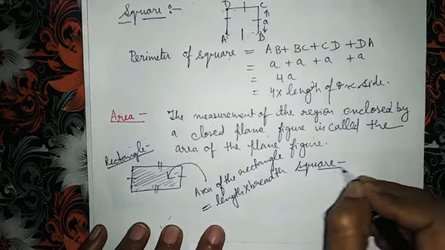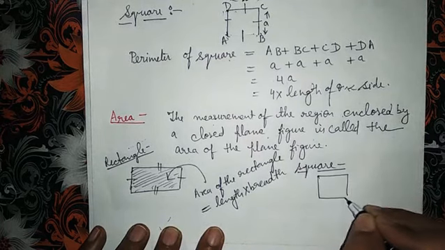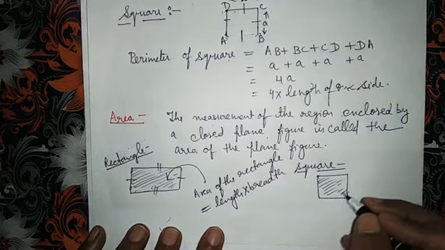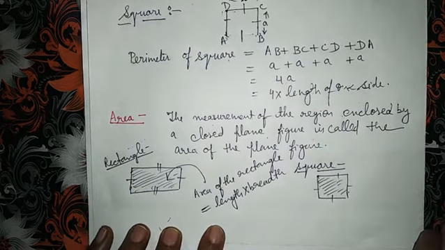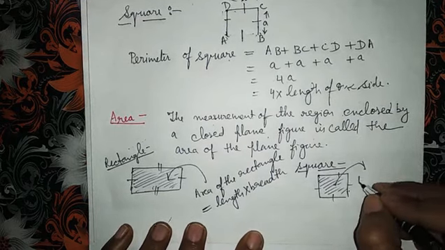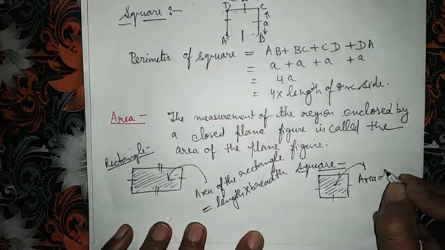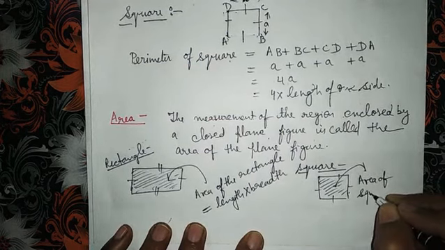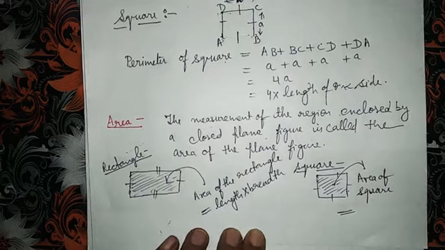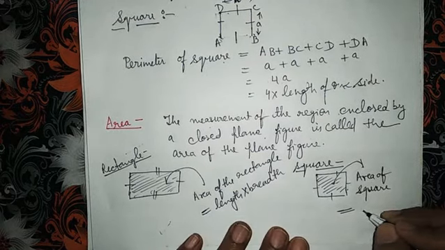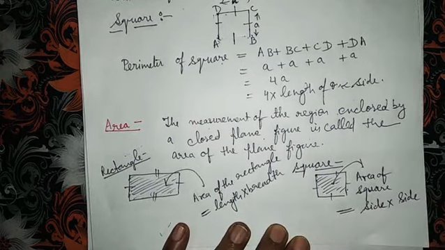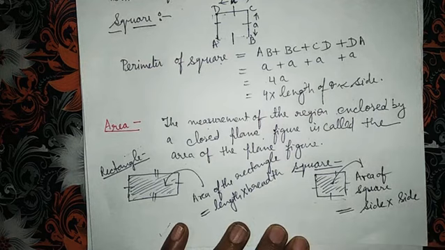Now see, here you can see I am drawing a square, and its all sides are equal. And here this is area of a square, and area of a square is equals to side into side, because length and breadth both are equal.